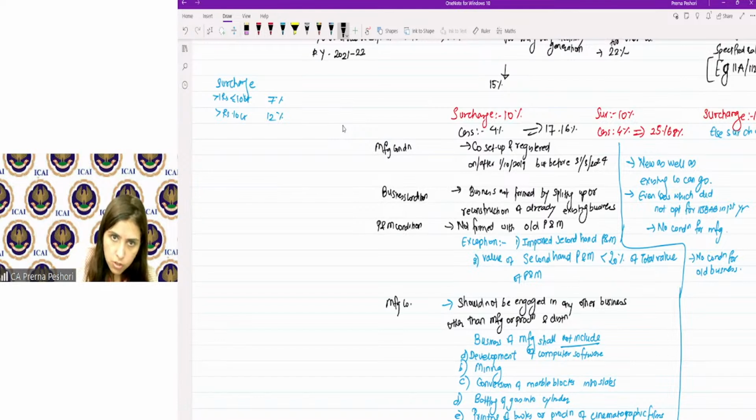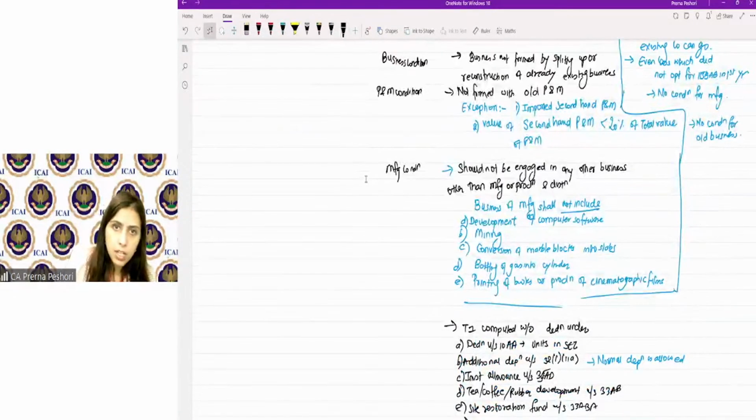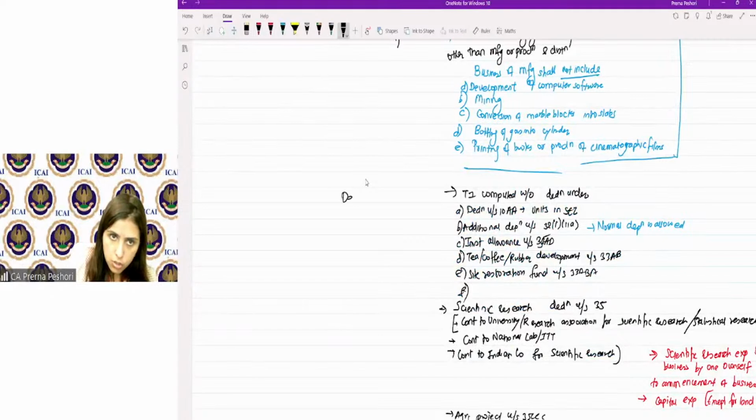This is the setup condition. These conditions are not there in 115 BAA. Deductions and exemptions, or deductions just, there are no exemptions over here. Restrictions common to both 115 BAB and 115 BAA.